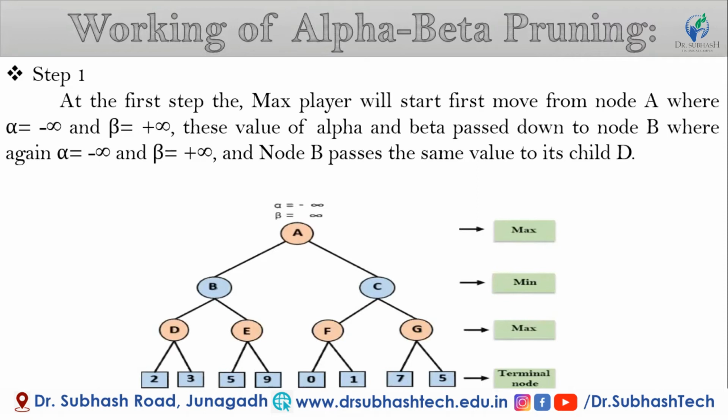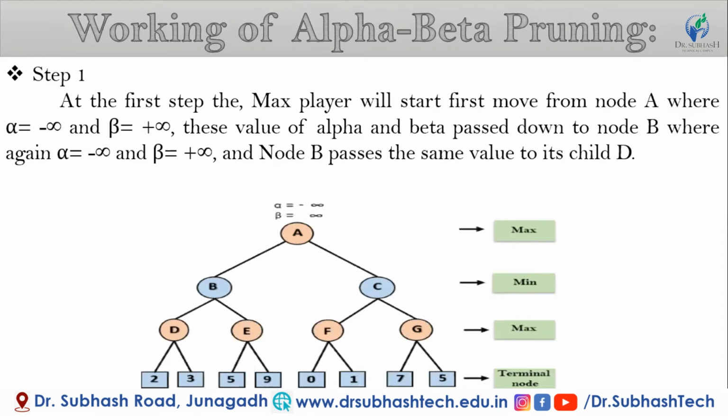These values of alpha and beta are passed down to node B, where again alpha is equal to minus infinity and beta is equal to plus infinity. And node B passes the values to the child node D.